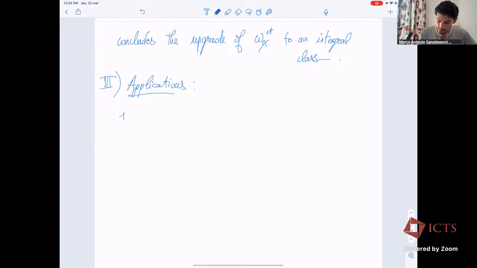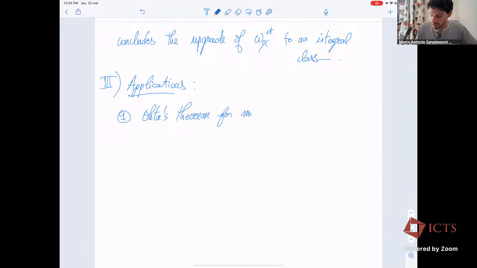So first, application number 1 is Oda's theorem for more general Shimura varieties.